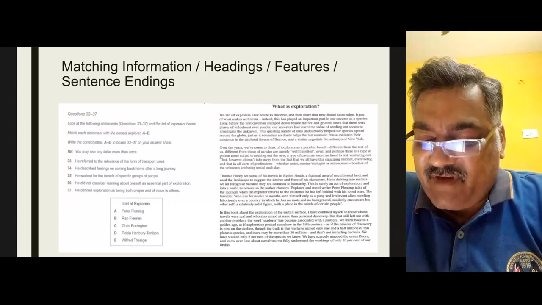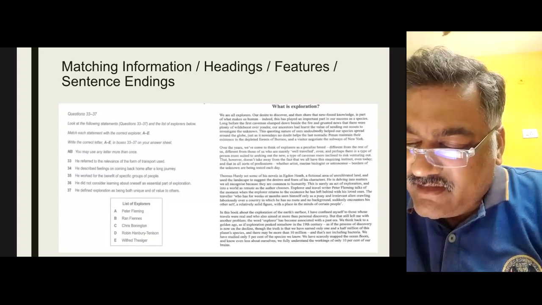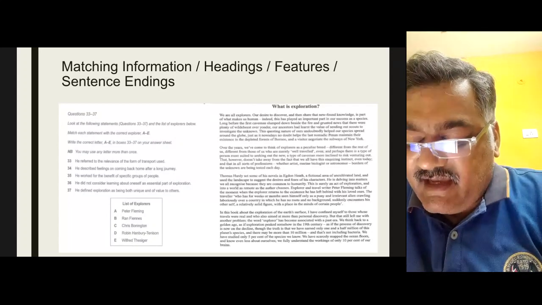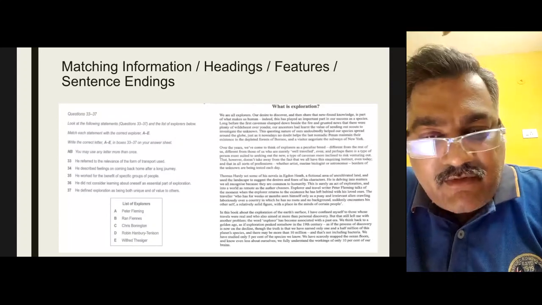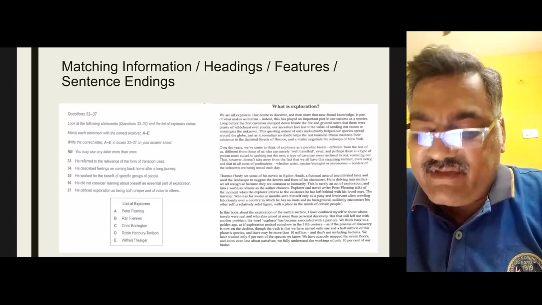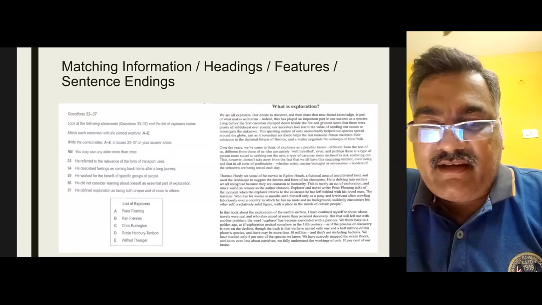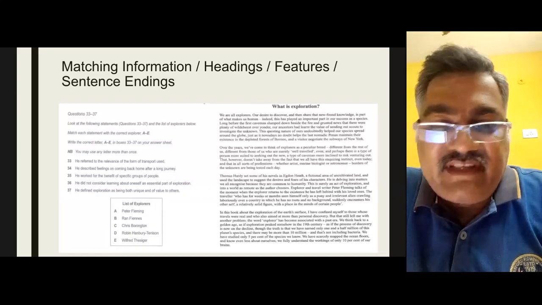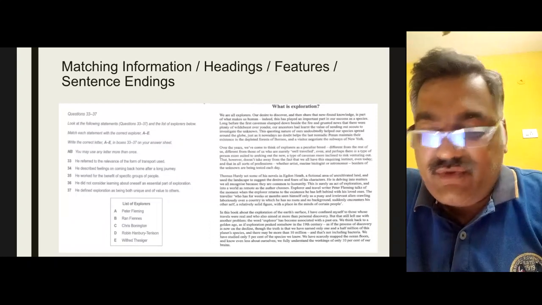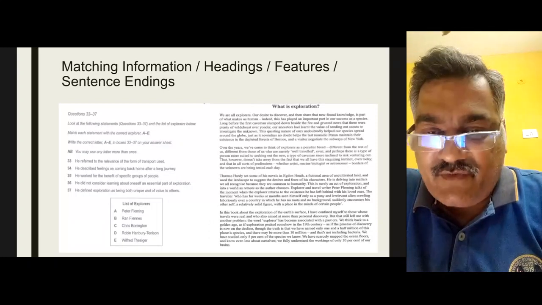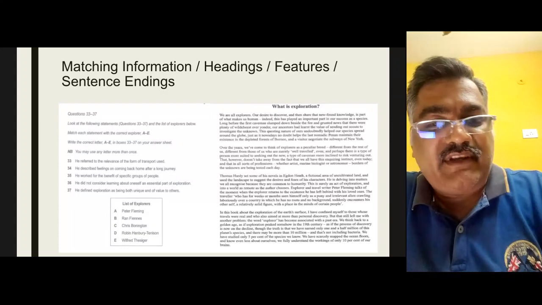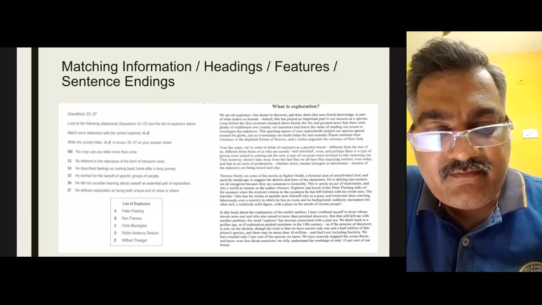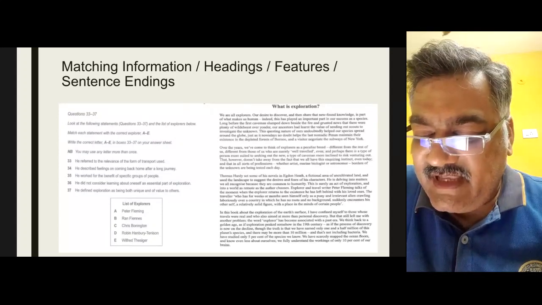If Peter Fleming is connected to question number 34, and it is also connected to question number 36, we can use that particular alphabet multiple times. There's nothing wrong in it. If the option 'you may use any letter more than once' is not given, that means you have to choose each alphabet from the list of explorers only once. You cannot use it more than once. Is that clear, ma?